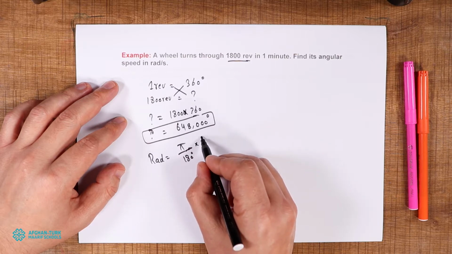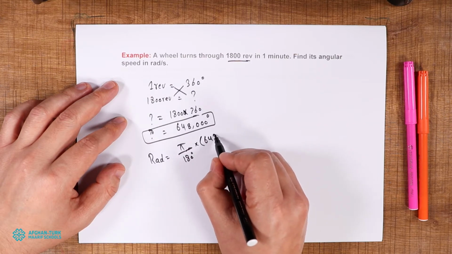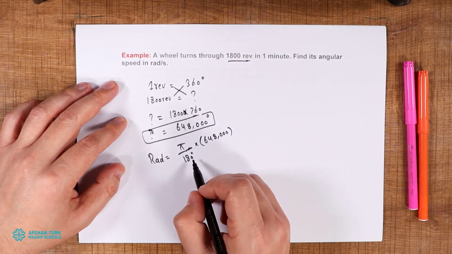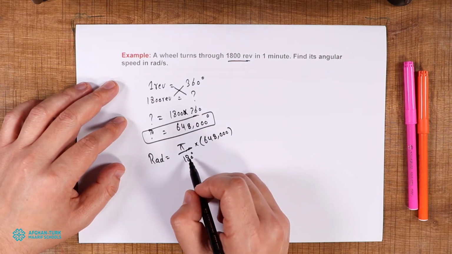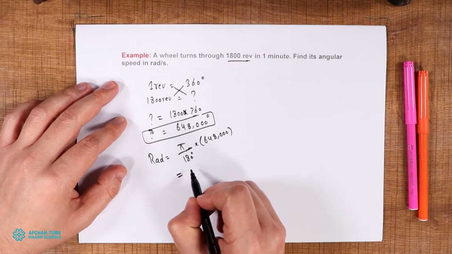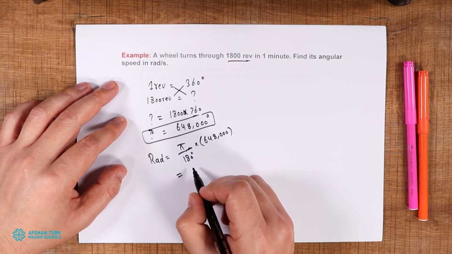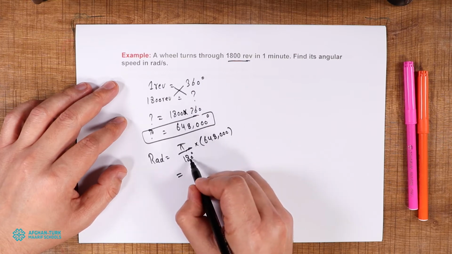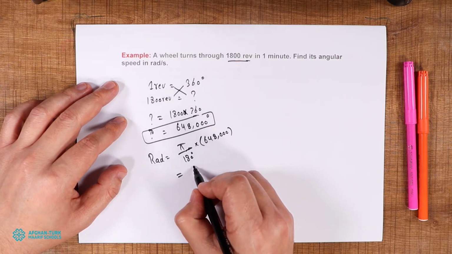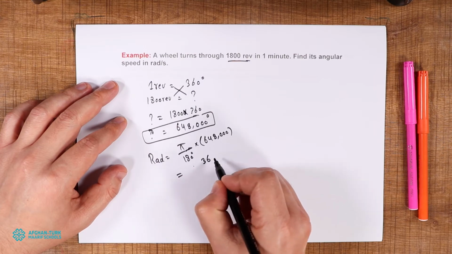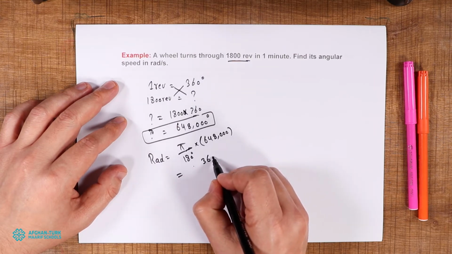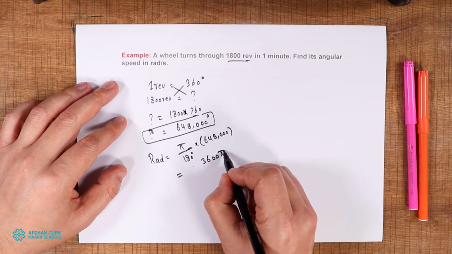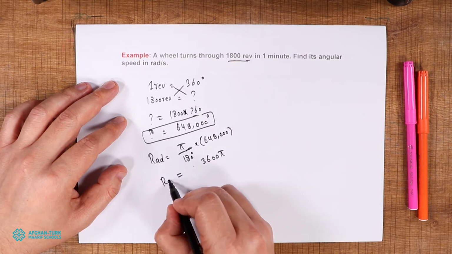The given degree is 648,000. If we divide this by 180, the answer is 3600 pi. So this is in radians.